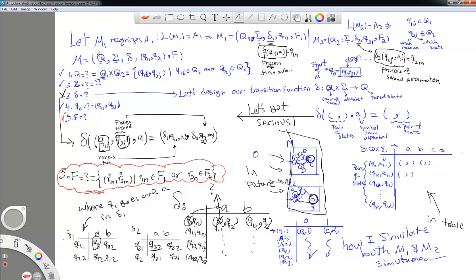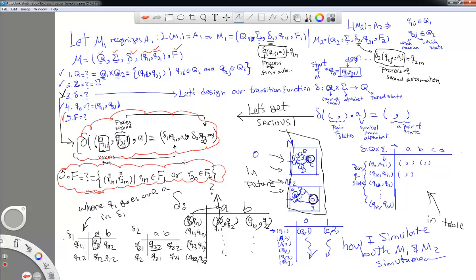So then I constructed an automaton based on my two original automata, M sub 1 and M sub 2. I built the Q, I built the alphabet, I built the transition function down here, right? This is my transition function. I built my initial state, which is the initial state of both of the automata. And also, I built the final state, which is going to be that guy.